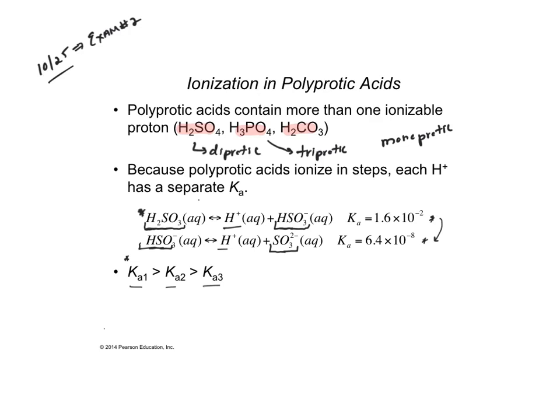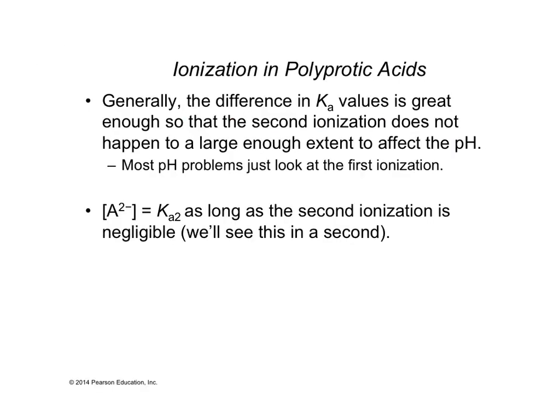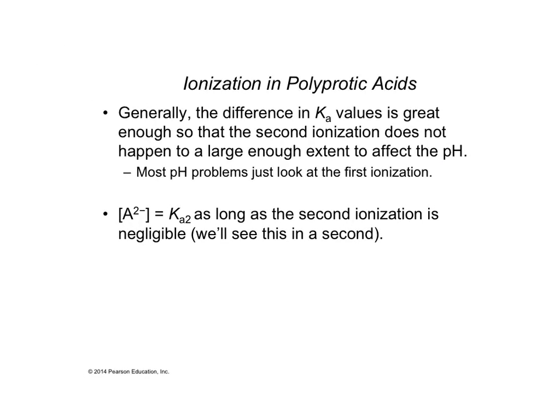Of course. All right, so that's great. Why do we care about these polyprotic acids, though? For the most part, what we will be doing with these is determining the pH of these solutions. And what's nice, even though they seem kind of tough, is that for the majority of polyprotic acids, you don't have to worry about the second ionization.